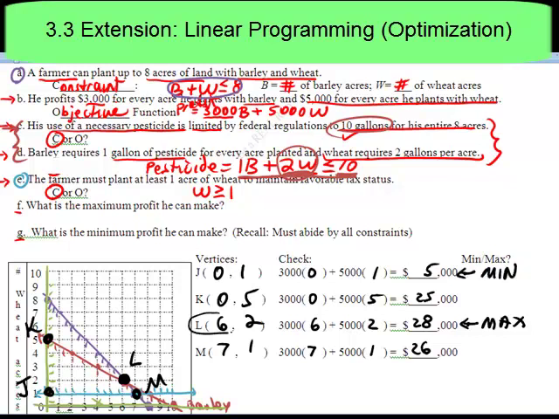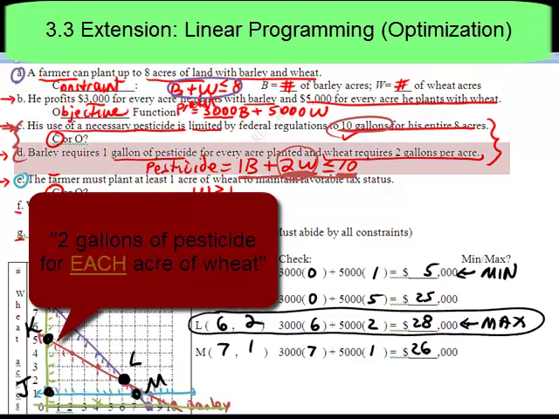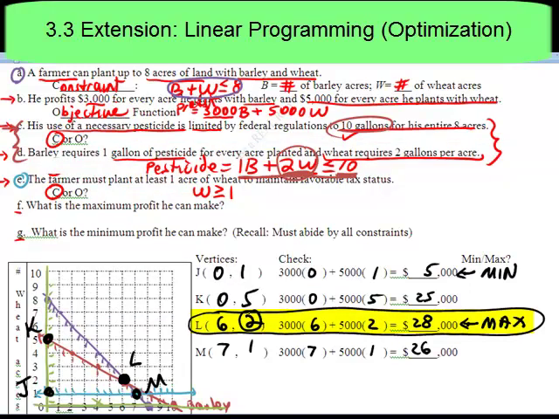So isn't it ironic? Originally we thought, hey, we earn $5,000 for every wheat acre. Let's plant as much wheat as we can. Let's try 8. Oh, wait a minute. There's a problem. There's the pesticide. That takes up 2 gallons of pesticide out of the 10 that were allowed. So as you can see, it's not even close to 8. It's only 2 acres of wheat and 6 acres of barley.